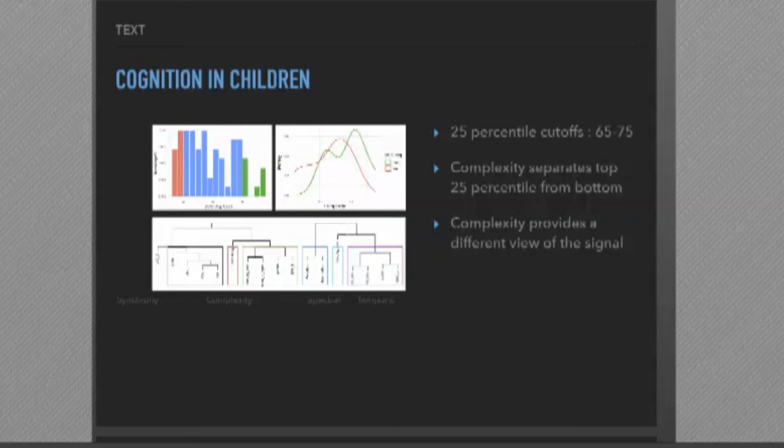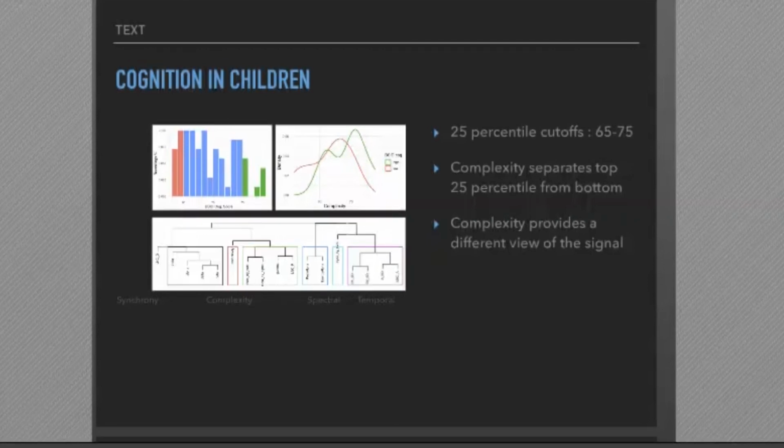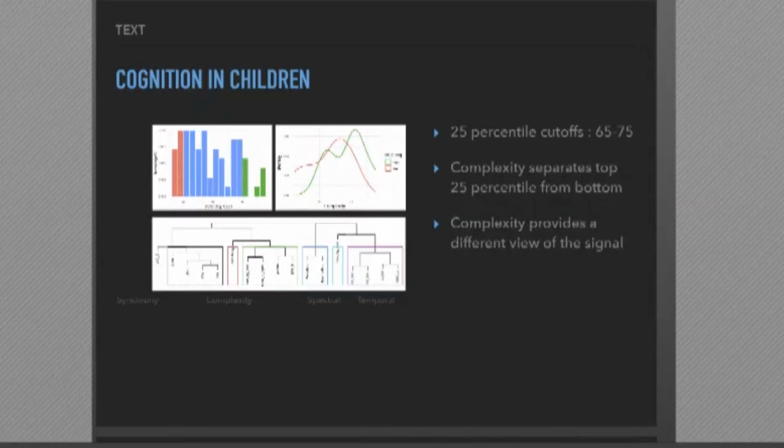And this plot over here is just a simple histogram of complexity between the red group and the green group. We can see that complexity has the ability to differentiate these two groups to a significant effect, and children with the higher scores in the Bayley test have cognitive complexity slightly shifted to the right.